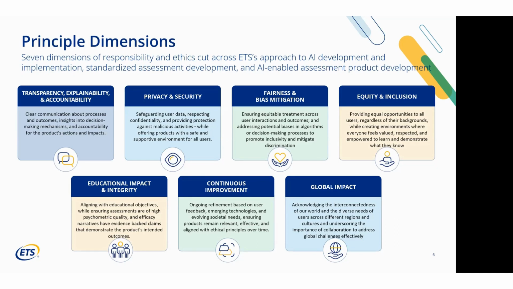But then secondly, global impact is also about how our development, application, and implementation of AI is impacting our environment. And that is something that's critically important when we're thinking about our AI standards. How are we reducing our carbon footprint on the Earth and still driving innovative R&D? So these are the 7 dimensions that we are really using as the basis for how we're thinking about standards for responsible and ethical AI.